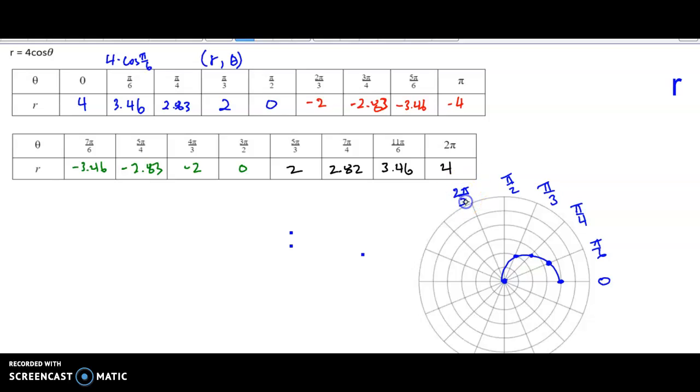Remember when we were graphing that, at 2 pi over 3, it says -2, so we're going to go the opposite way into quadrant 4. So it's right here. And you know what? I'm going to make that red because I was supposed to color coordinate that.